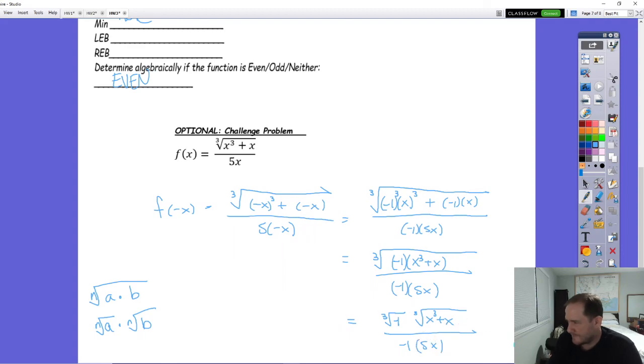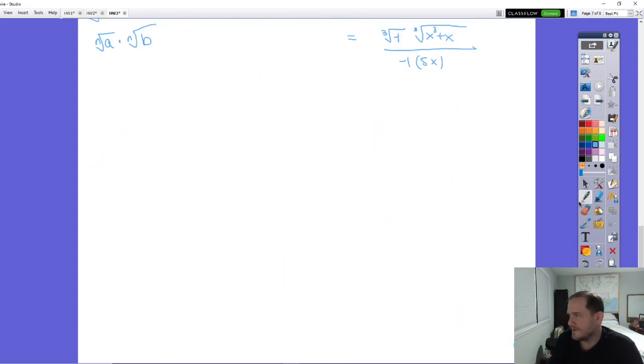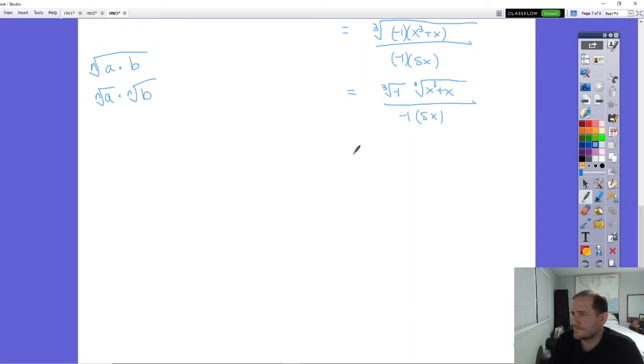So maybe you can see where this is going. Suddenly, the cube root of -1 is -1. So our numerator now has a factor of -1. In our denominator, there's always been a factor of -1, just patiently waiting down there to cancel. And now it cancels.